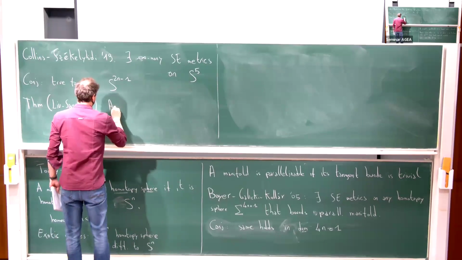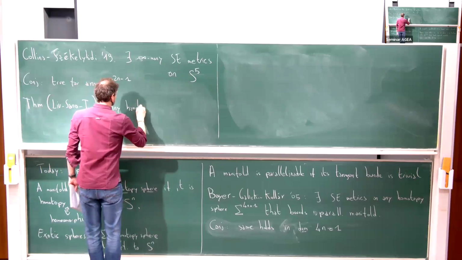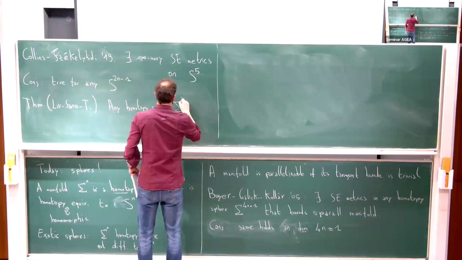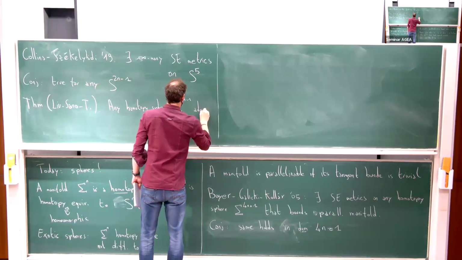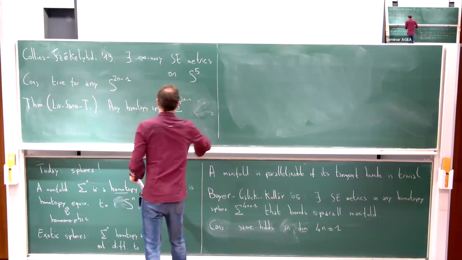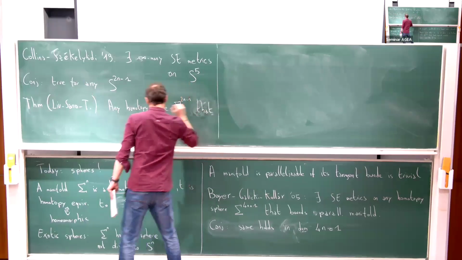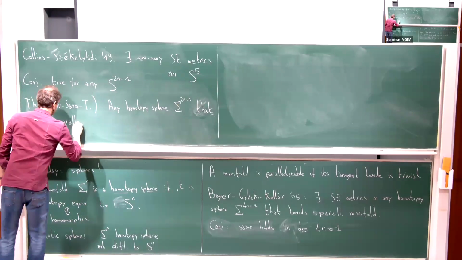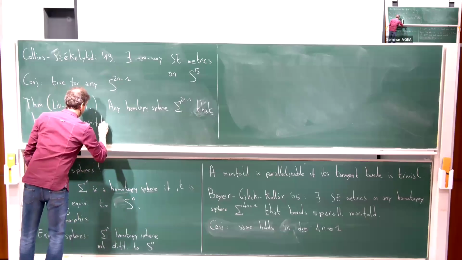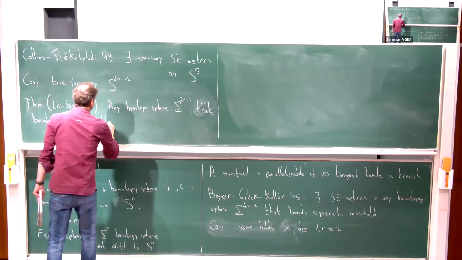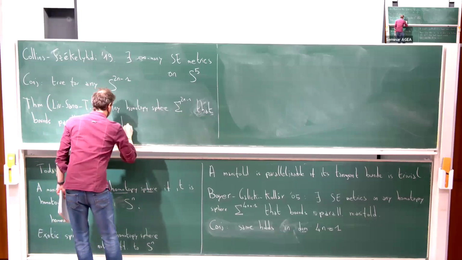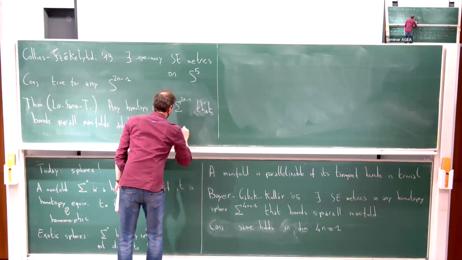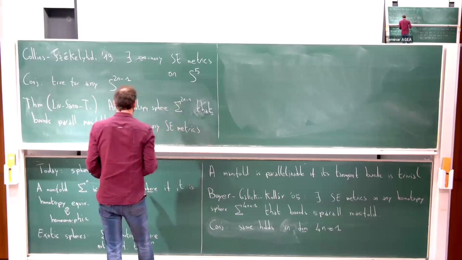So any homotopy sphere of dimension 2n minus 1 that bounds a parallelizable manifold admits infinitely many Sasaki-Einstein metrics. Okay.